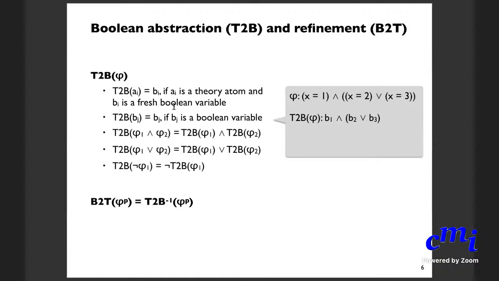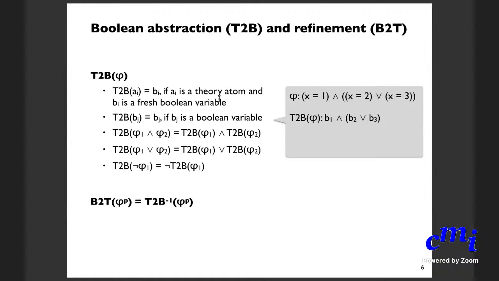That's what this definition does. If it's a theory atom, then it replaces it with a new propositional variable. And if it is already a propositional variable, then it keeps it. Otherwise, it just goes down the hierarchy. So this is exactly what it does.